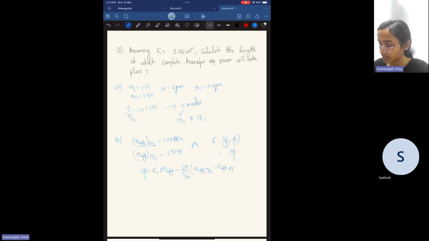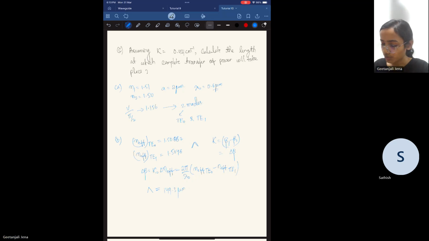Using this, we can calculate delta beta, and from that the period of this grating. We saw in the last class that it comes to around 149.3 micrometer.